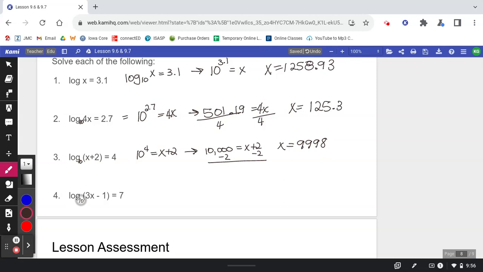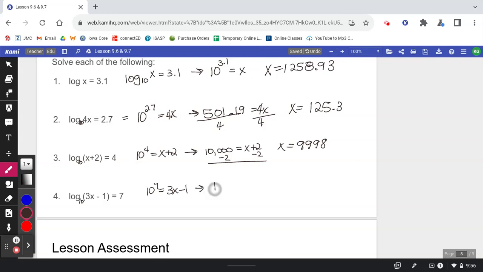Next one, again, this would be base 10. So 10 to the 7th equals 3x minus 1. 10 to the 7th, 1,000,000,000 equals 3x minus 1.